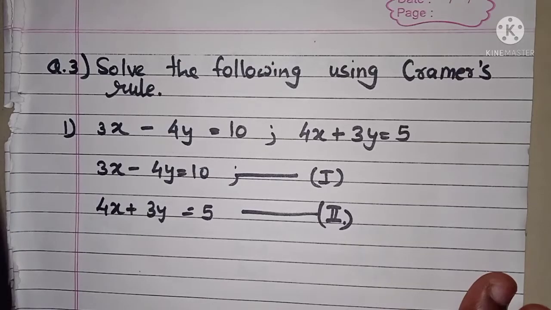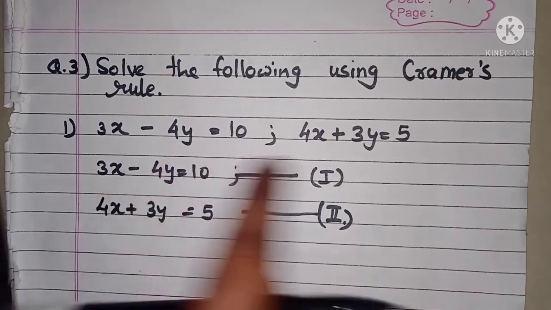After learning Cramer's rules, all rules and regulations, we'll continue with our 1.3 question number 3. This one is the question.